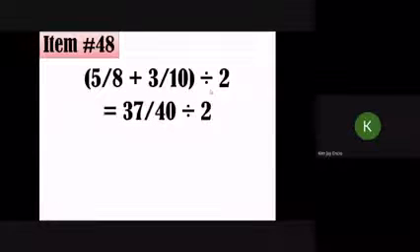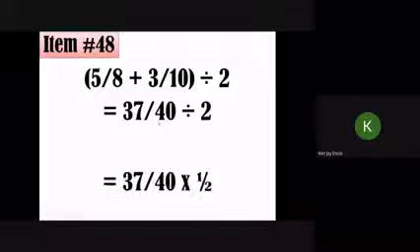And after performing addition here, 5/8 plus 3/10, by getting their LCD first. Their LCD is 40. It will become 25/40 plus 12/40, which is 37/40.